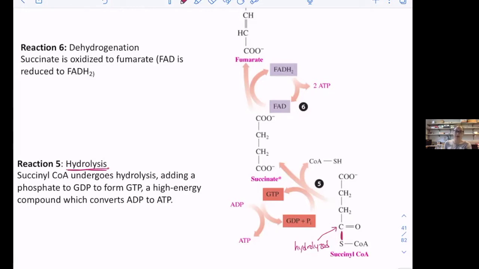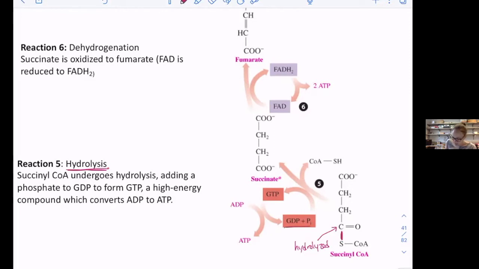succinyl-CoA undergoes hydrolysis, adding a phosphate to GDP to form GTP. This is kind of different, but it's pretty much the same thing as ADP and ATP, but it's the guanine version. So instead of adenine, it's just a different base there in this particular process.